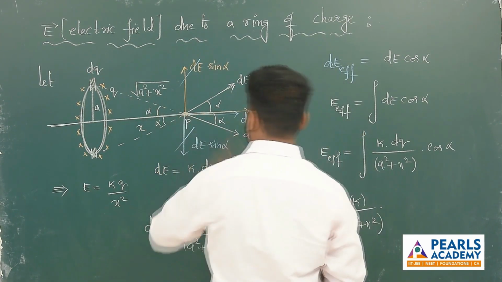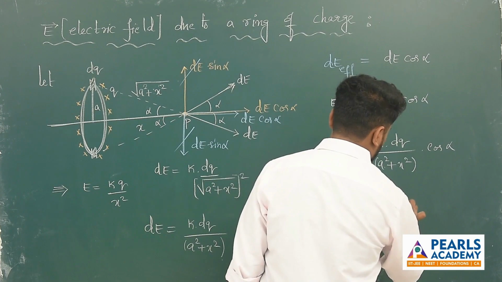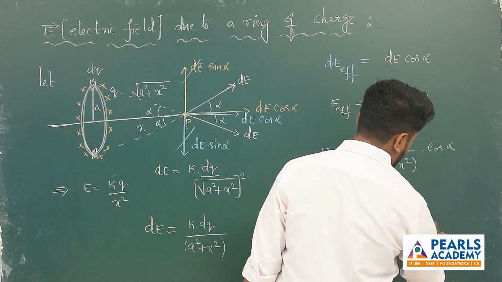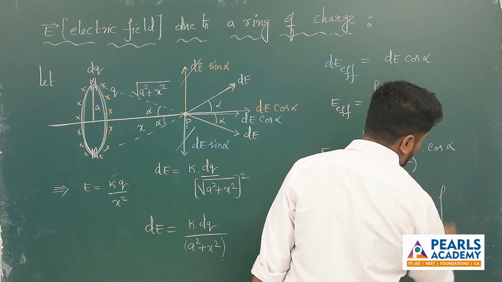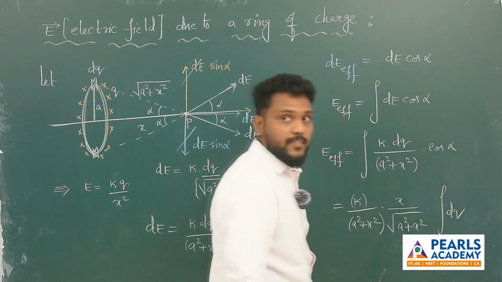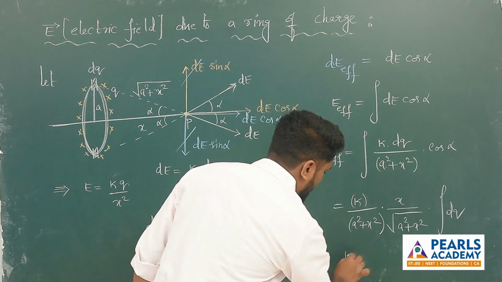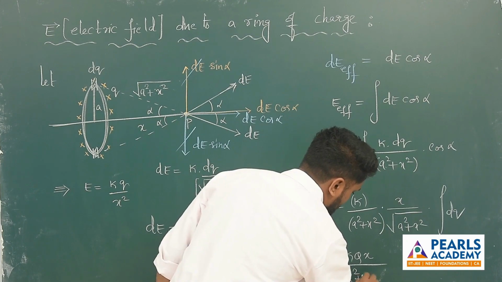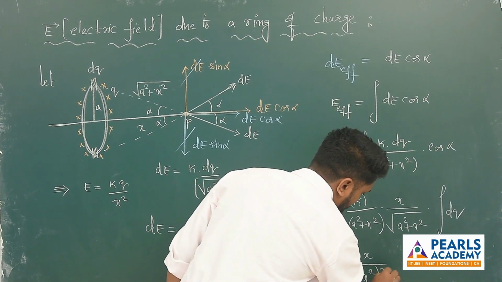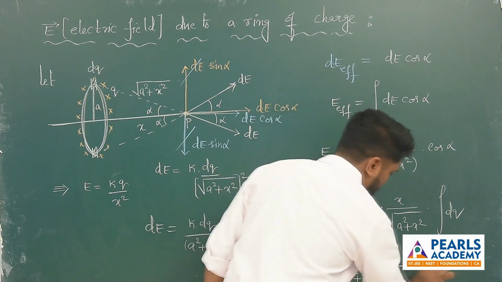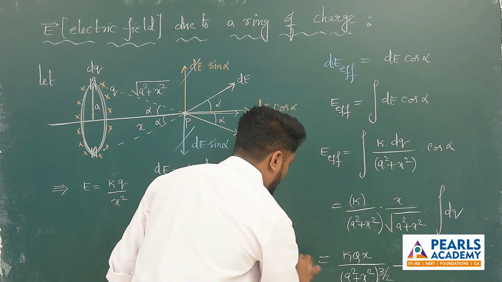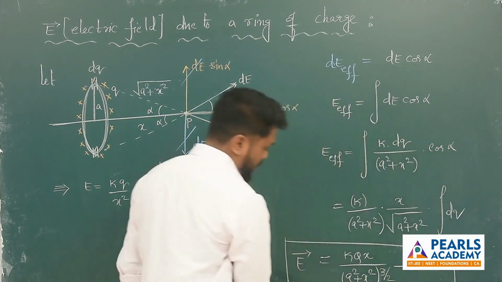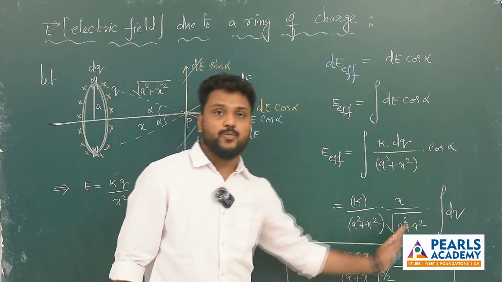From the diagram, cos alpha is x divided by the square root of a square plus x square, times the integral of dq, which is Q. It will be KQx by a square plus x square whole power 3 by 2, towards right. This is the electric field magnitude as well as direction. Since it is a positively charged ring, the electric field is towards right.